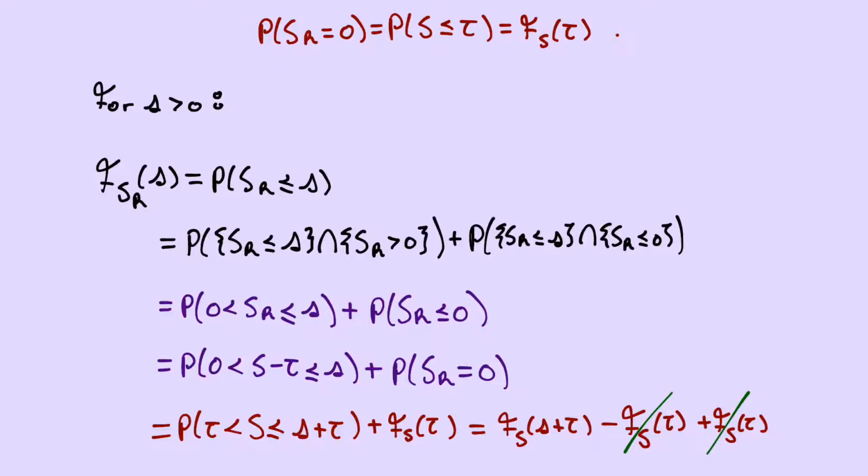But the important thing is that this whole probability has to be just the probability of the random variable SR being less or equal than 0. And on the next step, with the left probability, we can just substitute what would be SR in the case when SR is greater than 0.